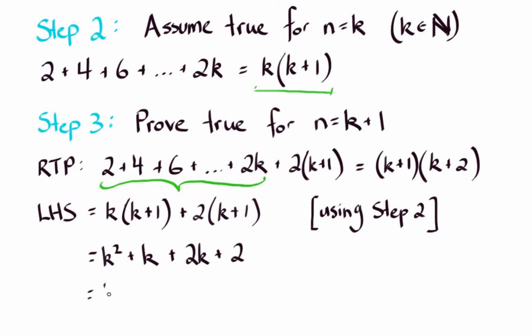Combining like terms, we get 3k in the middle. And when we look at this, we can see that it factorizes nicely into k plus 1 times k plus 2. And that is our right hand side.